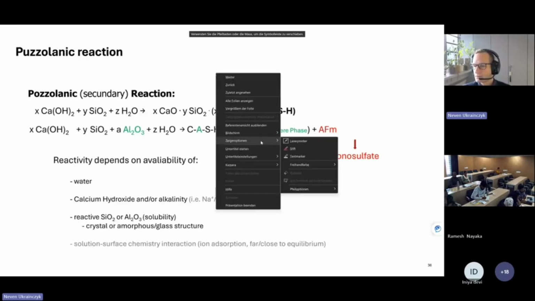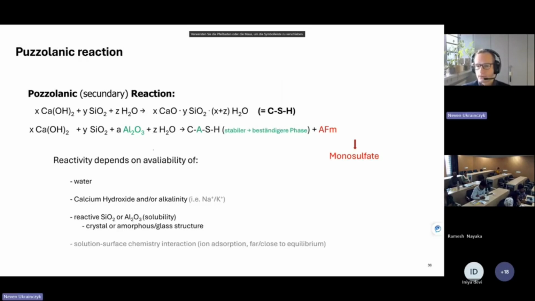If you want, we can write this in an easier way with cement notation. The reaction would be CH plus S plus aluminate plus water gives you the CASH phase.